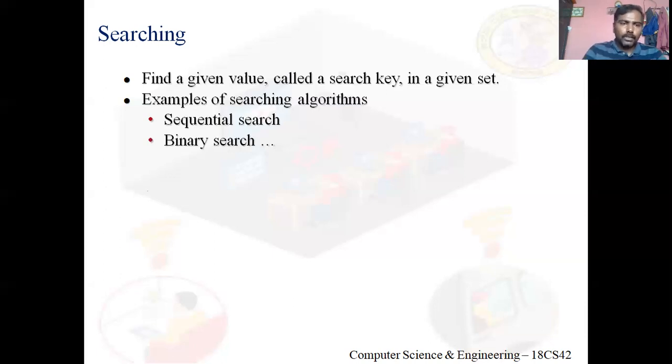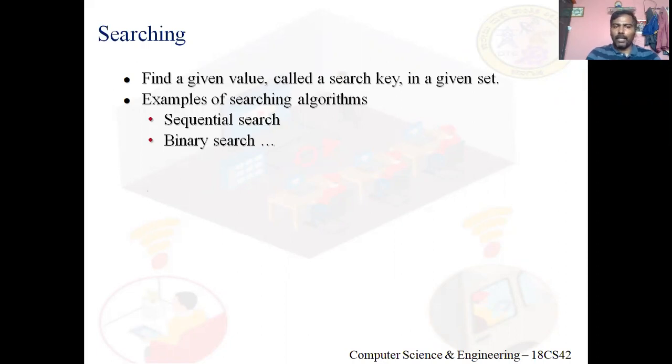So, some examples of searching algorithms. I listed some sorting algorithms in the previous slide, right? Bubble sort, selection sort. Similarly, there are some searching algorithms. There are a lot more, but I listed only two which you have come across in your first semester: sequential search and binary search.